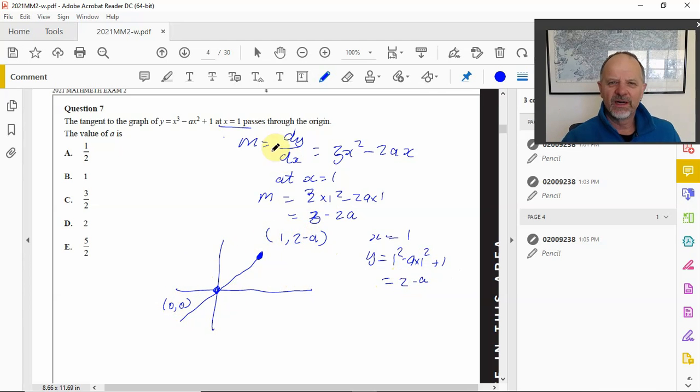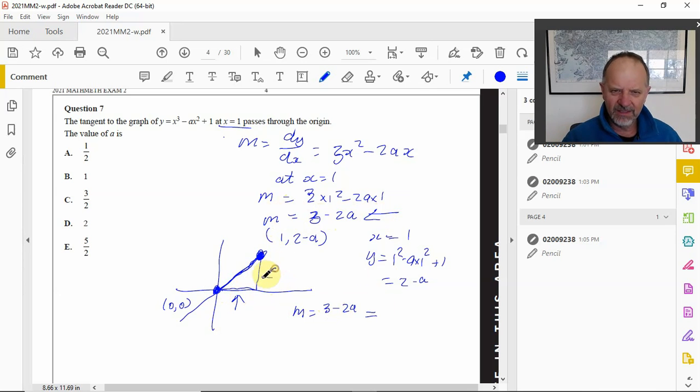Now, what else do we know? We know the gradient of this tangent is 3 minus 2a. But also the gradient is the rise over the run. We know the rise and the run as well, because we know the origin and we know that point.